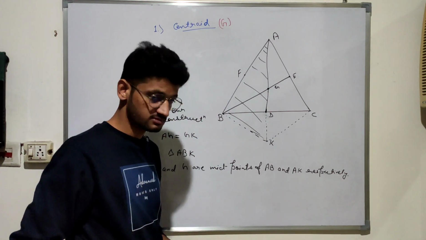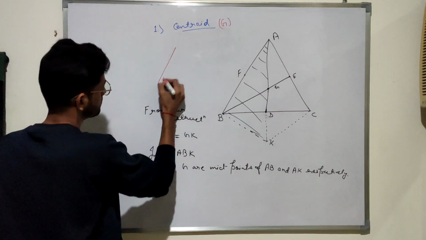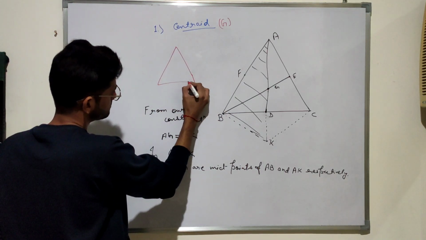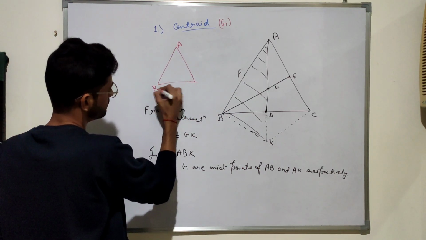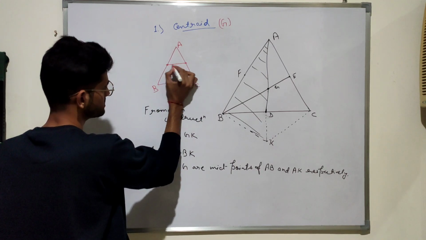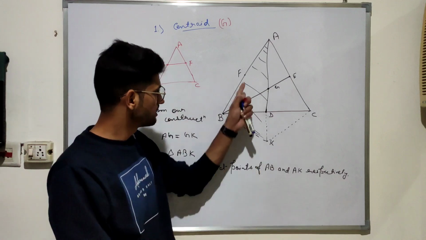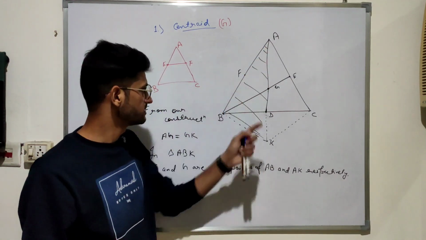We have already learned the midpoint theorem: if E and F are midpoints of sides AB and AC, and we join EF, then EF is parallel to BC. Similarly, we will apply the same concept here.